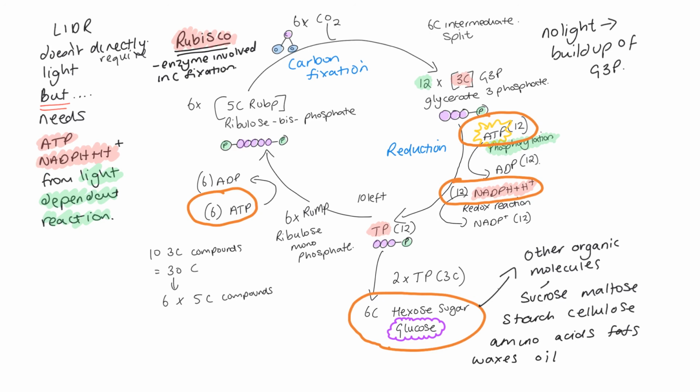It either split off and produced glucose, which then got involved in lots of other metabolic reactions, or it was regenerated back into RuBP. So we have this fixation, reduction, regeneration stages of the light-independent reaction. So take your time to get your head around that, to have a go at drawing it, and well done.